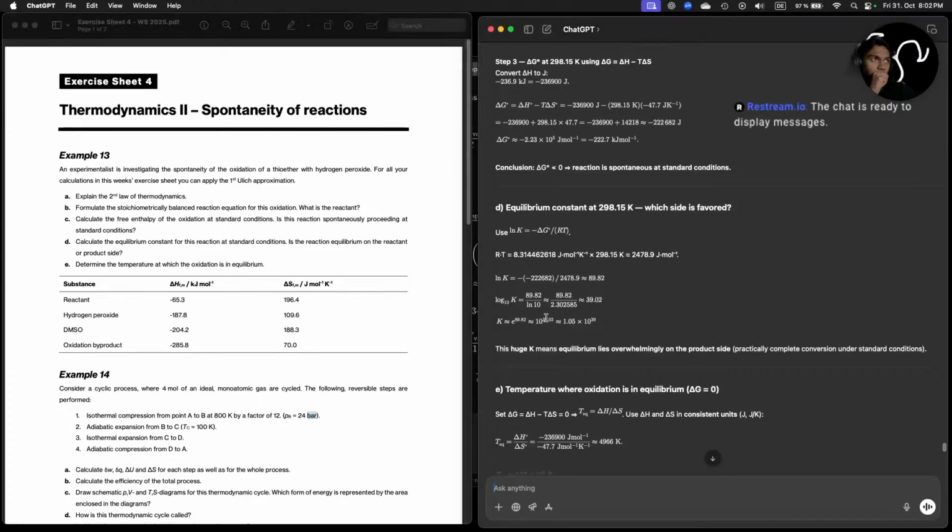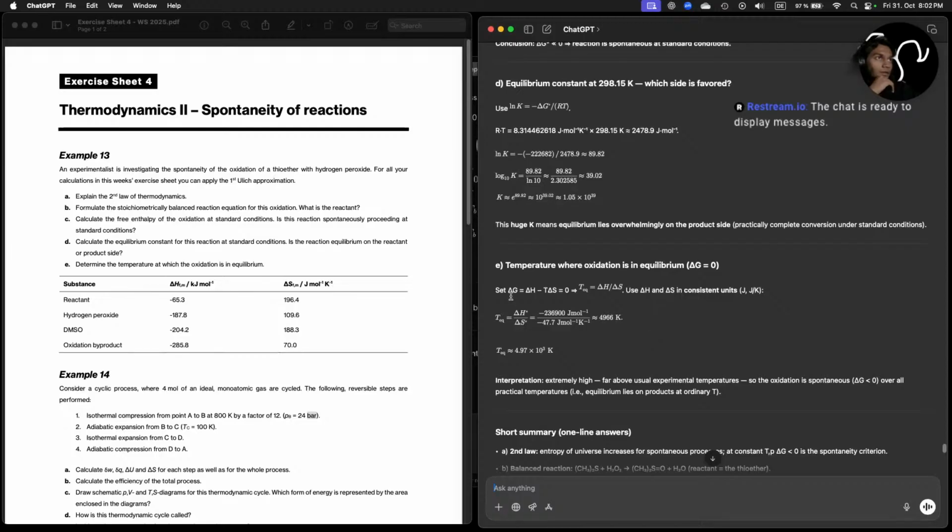I think this one's the natural logarithm. So converting normal log to natural logarithm takes a step, I guess. Huge K means equilibrium lies overwhelmingly on the product side, practically complete conversion under standard condition.